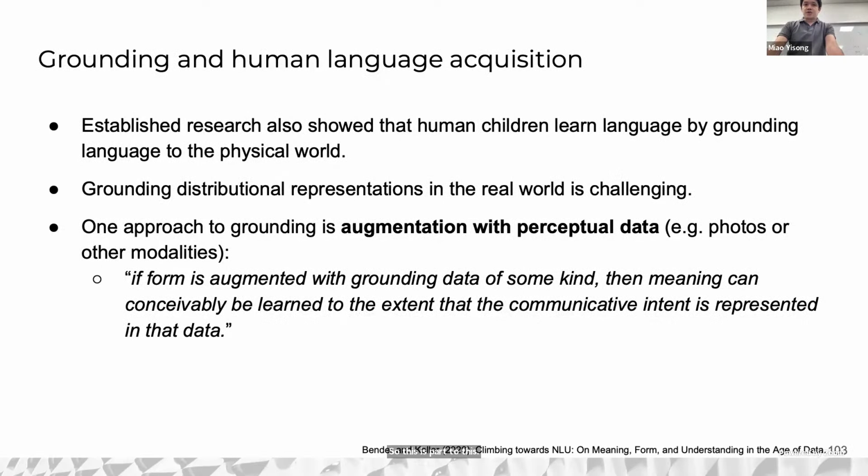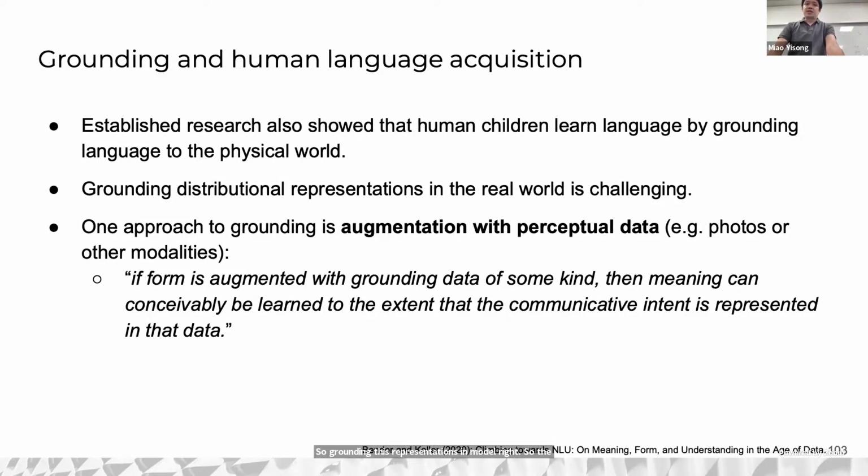And then the author showed that there is established research showing human children also learn language not just from form, they also need some grounding to the real world. That means we also shouldn't expect that language models can do the same thing without knowing about the real world. So grounding these representations in the model to the real world is challenging.